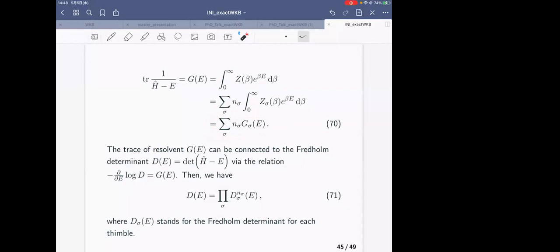And the Fredholm determinant D and the trace of the resolvent G are related by this expression. Therefore, this intersection number appears here, as the power of this D. And this sigma stands for the Fredholm determinant for each thimble, or you can say each saddle point.